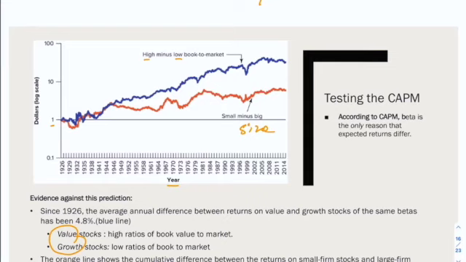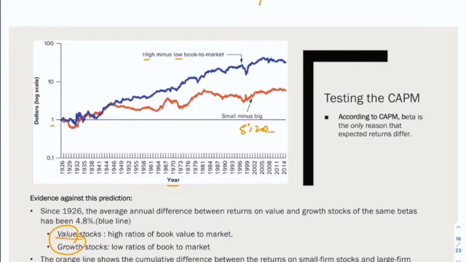The two portfolios with the same beta will have the same return, although they have different book-to-market ratios. Then this blue line should be flat, should always be here, if CAPM is correct, because there shouldn't be any return differences given the same beta. But this is not true. Actually, we found that the higher book-to-market ratio portfolio is earning a higher return than the low book-to-market portfolio.